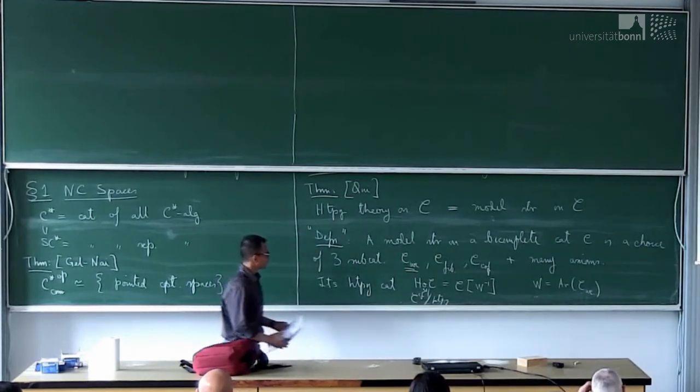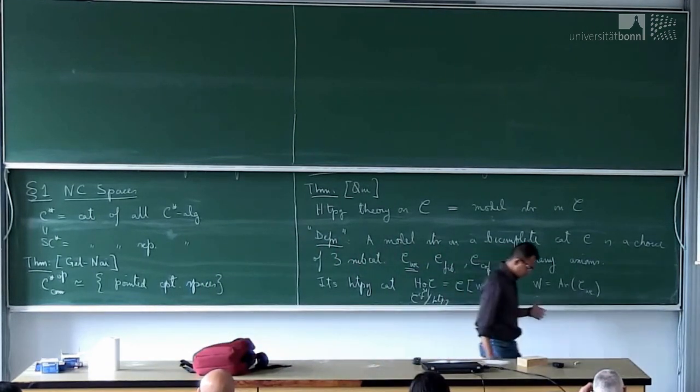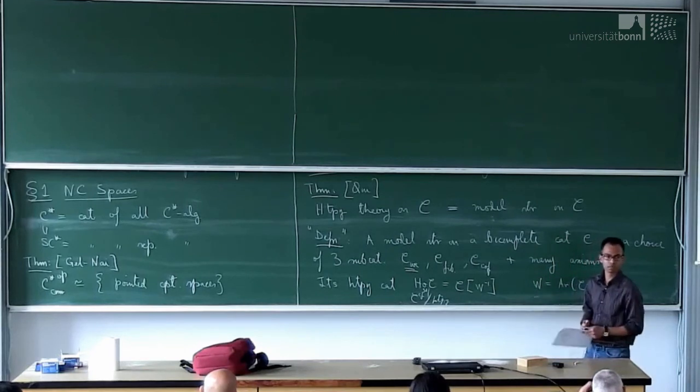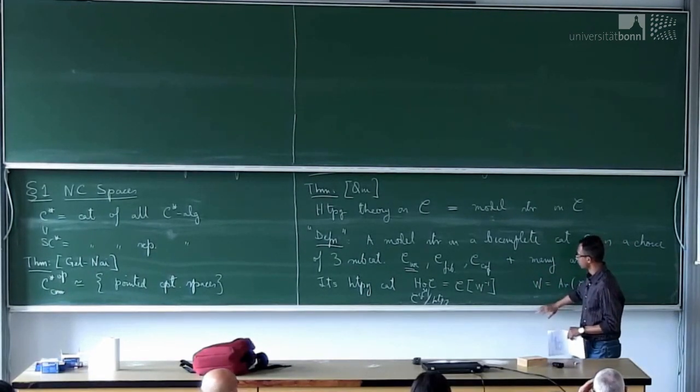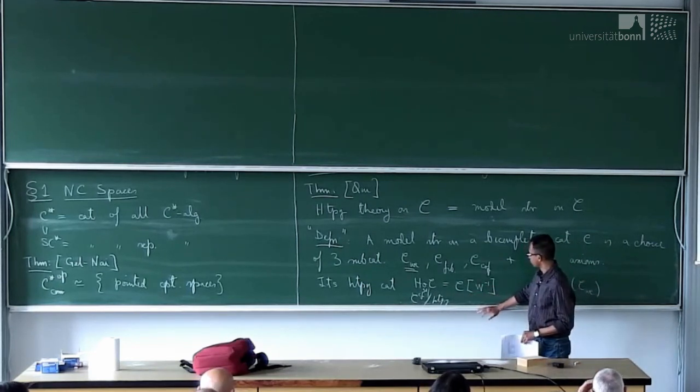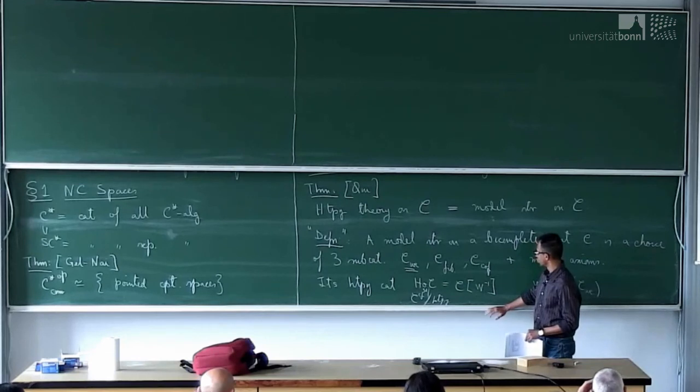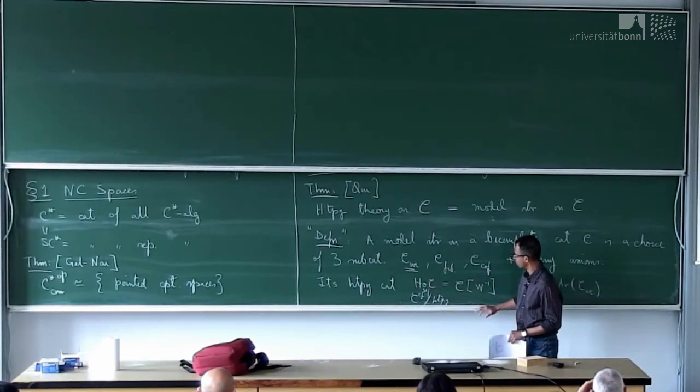So you see here this category of fractions, you can prove its existence, up to some set theoretic problems, by pure abstract nonsense, but then understanding the morphism sets in the homotopy category is quite difficult.